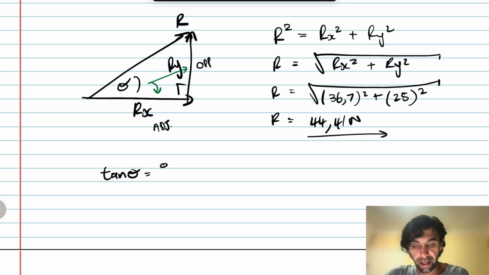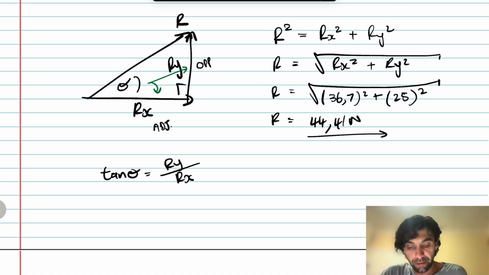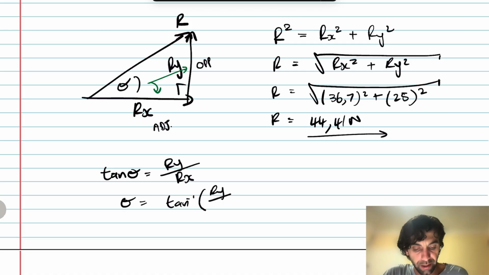In this case, our opposite is Ry and our adjacent is Rx. So you can plug those values in, or you can immediately use the inverse function, Ry over Rx, and then plug in our values.